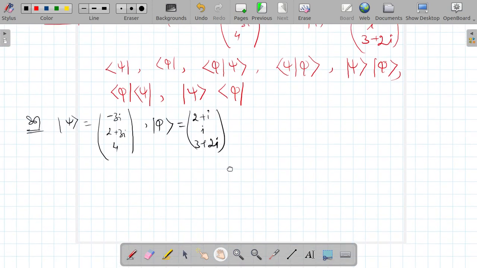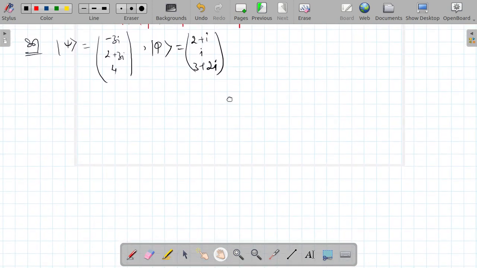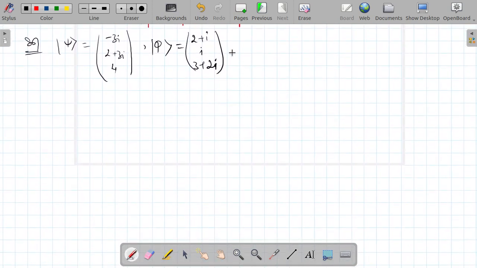What I will do, this bra psi is basically the corresponding row matrix with all the elements complex conjugated.